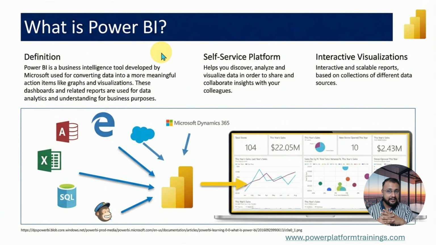As I said, 1400 plus connector capabilities are there. So you can connect with Excel, Access, or SQL, or any web scraping data, or MySQL or PostgreSQL, or any other connectors available. Now, what are those connectors? I'm going to talk about them in detail in my upcoming episode when we actually start building some reporting.